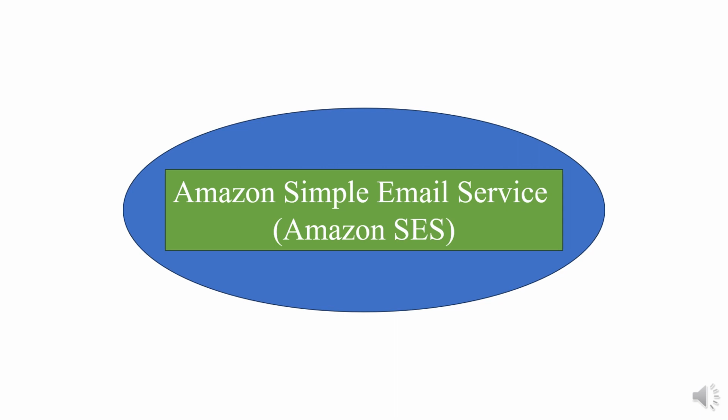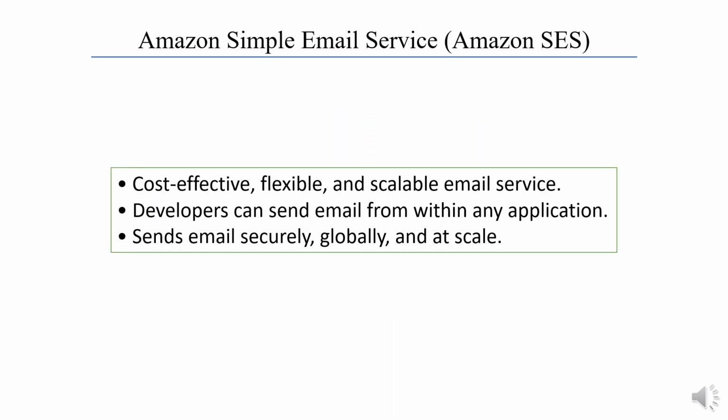Let's get started. Amazon Simple Email Service, Amazon SES, is a cost-effective, flexible, and scalable email service that enables developers to send email from within any application. You can configure Amazon SES quickly to support several email use cases, including transactional, marketing, or mass email communications.